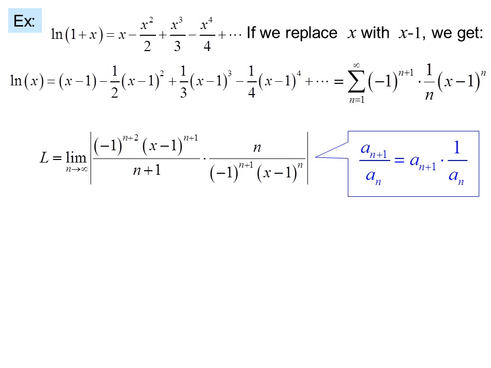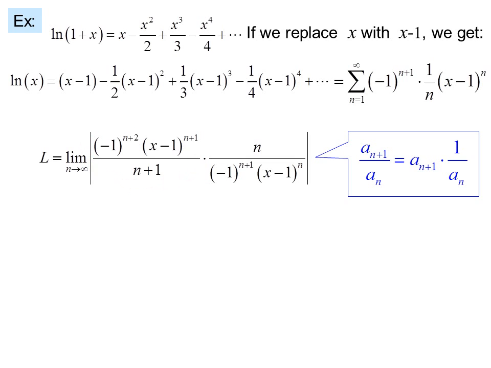We evaluate the limit as n goes to infinity of the next term, which would be negative 1 to the n plus 2 times (x minus 1) to the n plus 1 over n plus 1. So to find the next term, we replaced n with n plus 1 wherever it occurred.